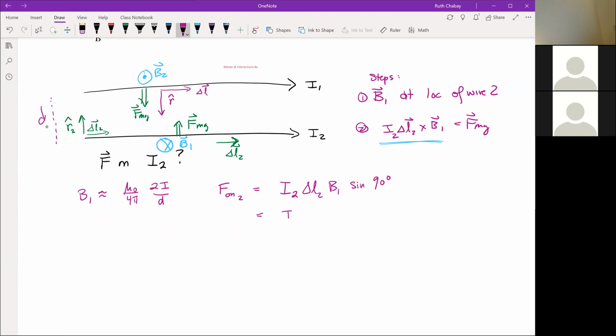And if we substitute that in, we'd have I2 delta L2 times mu 0 over 4 pi 2I1 over D, which would give us the answer.